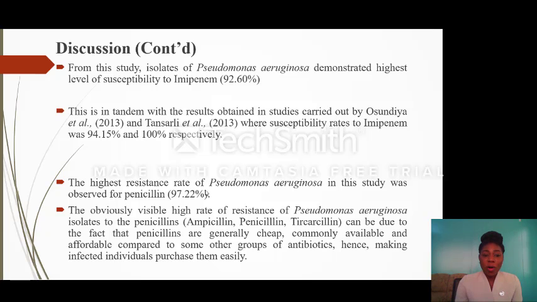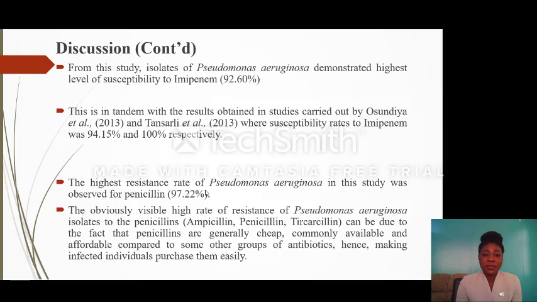97.22%. The obviously high rate of resistance of Pseudomonas aeruginosa to the penicillin group of antibiotics, which includes ampicillin, penicillin, and ticarcillin, can be due to the fact that penicillins are generally cheap, commonly available, and affordable compared to some other groups of antibiotics, hence making infected individuals purchase them easily.